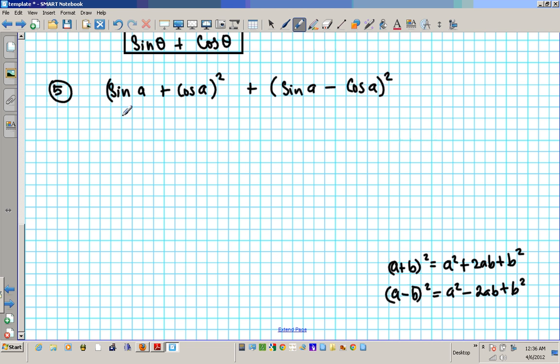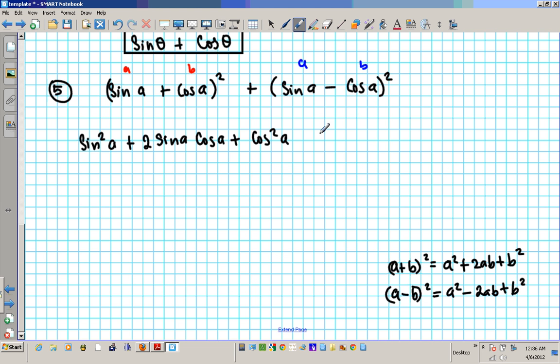So for this one, this is simply going to be sin²A + 2AB, because basically this is going to be my A and this is going to be my B. And then for this side, this is going to be my A and this is going to be my B, okay? So sin²A + 2 sin A cos A + cos²A.